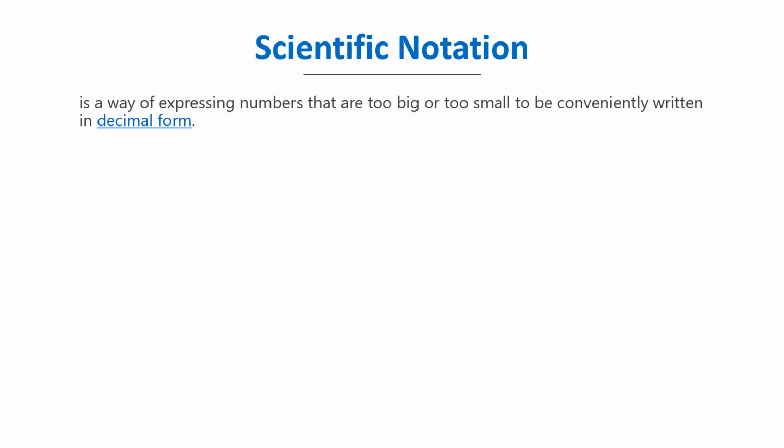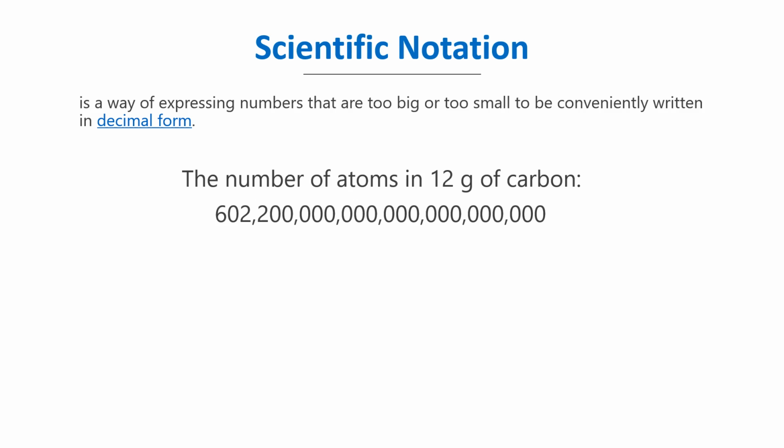Scientific notation. Why do we need to learn about scientific notation? Because scientific notation is a way of expressing numbers that are too big or too small to be conveniently written in decimal form. Let's say the number of atoms in 12 grams of carbon is 602 followed by many zeros. We express this big number in a smaller notation, like 6.022 times 10 to the power of 23.